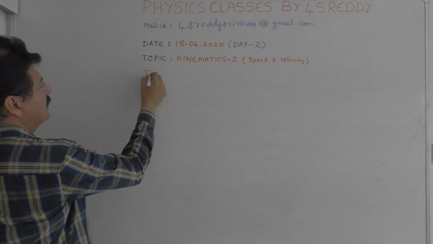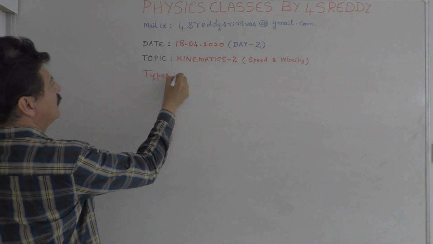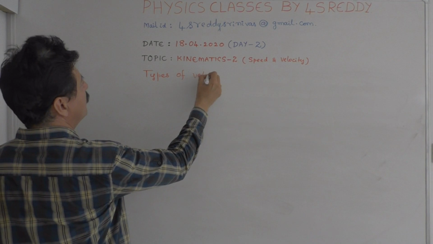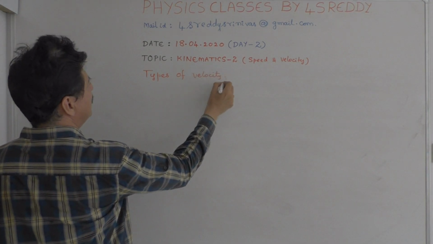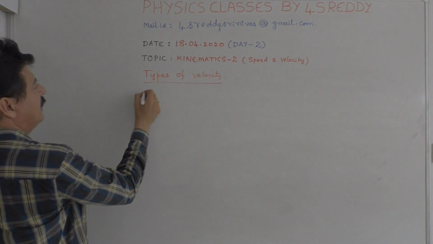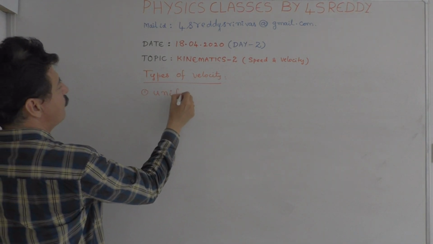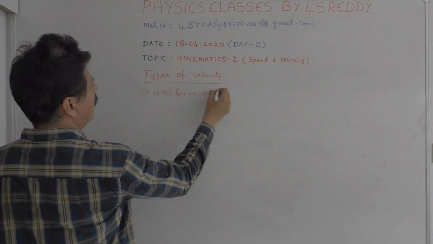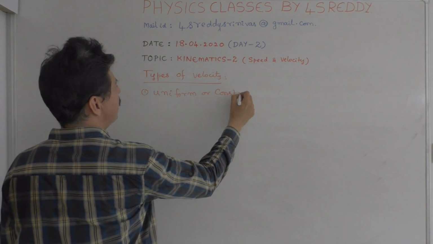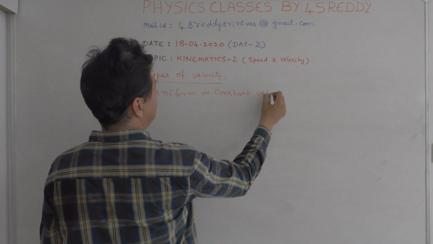Once you got the idea of velocity, what are the types of velocity? The first one is uniform or constant velocity.